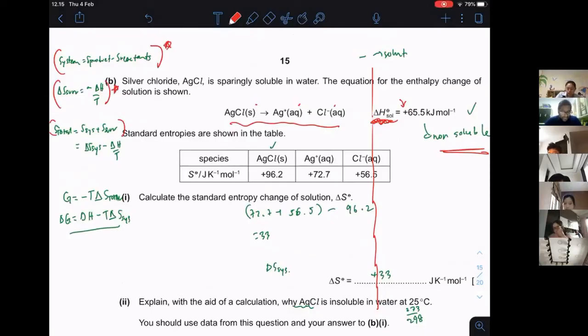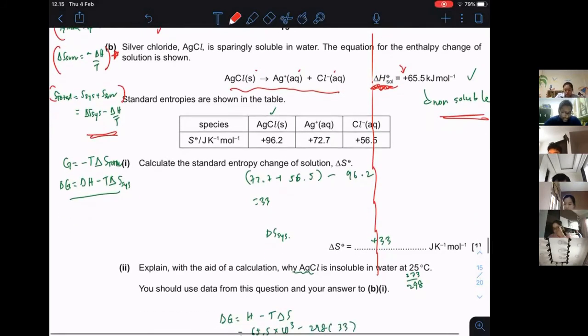If you substitute the formula, you can represent it using Gibbs free energy. Gibbs free energy is going to be negative T, so if I multiply this entire formula by negative T, I'm going to get this equation.